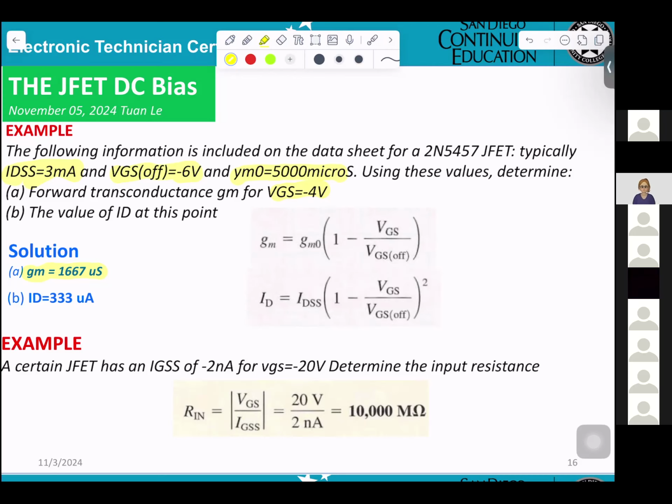Okay, and also they want you to calculate the ID. So go ahead and calculate the ID also. Make sure you can get the answer like they did it. Make sure you have to do it, okay? And you can verify for me.